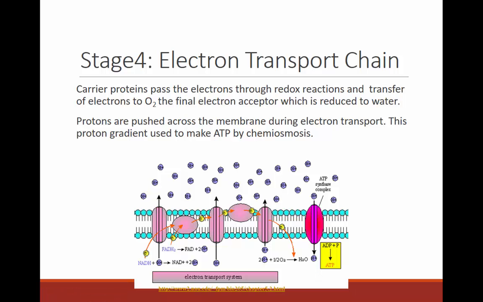And what happens to a cell that doesn't have ATP being produced? It dies. Okay, so that's why cyanide is such a potent poison, because it blocks that electron transport chain.